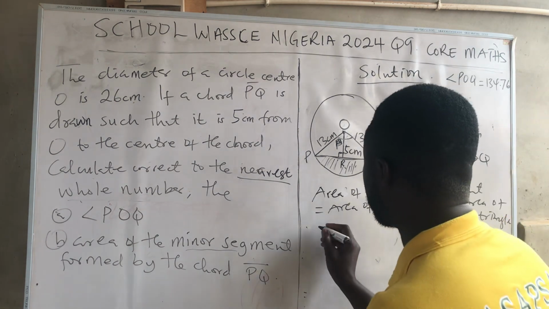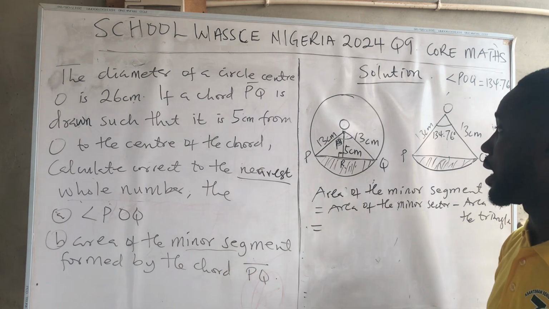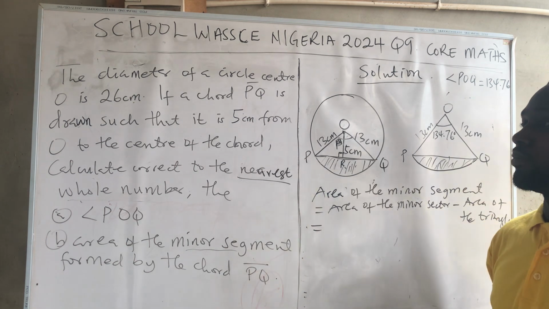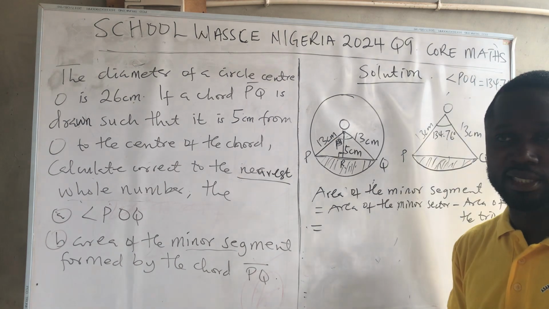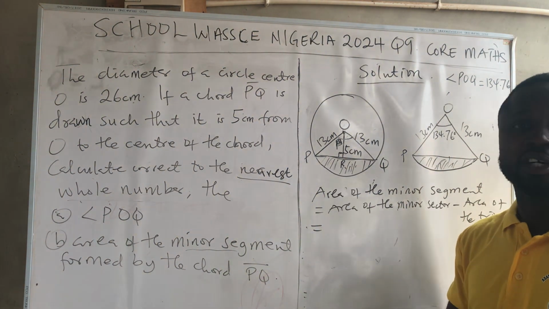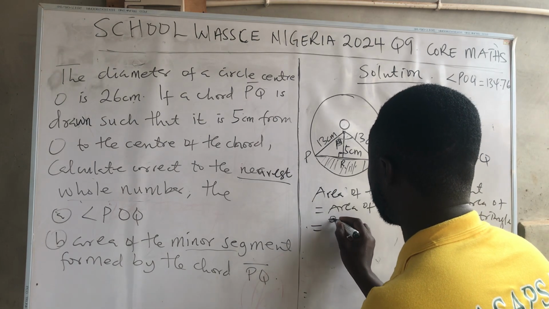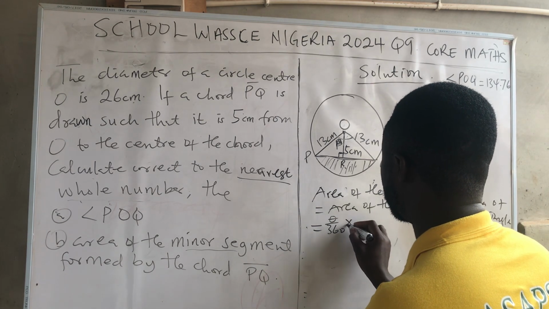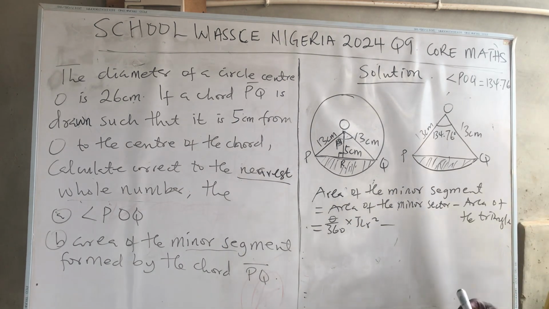What is the area of a minor sector? The area of a sector is the angle the sector subtends at the center of the circle, divided by 360, times pi r squared, because the sector is a portion of the area of the circle. So we have theta on 360 times pi r squared, minus the area of the triangle.